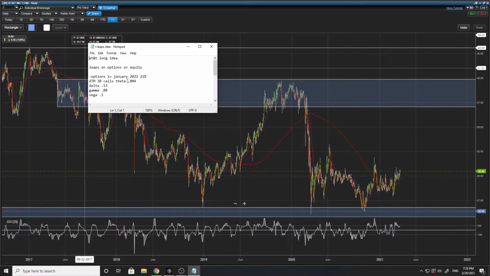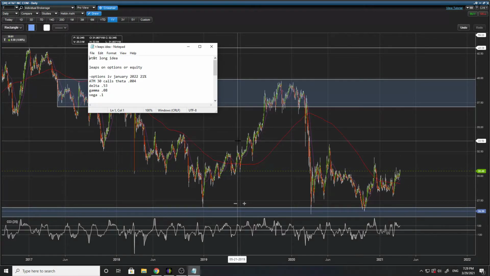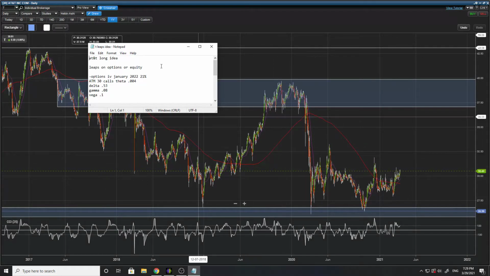What is the theta? Theta obviously is just the time decay. It's less than a penny, nothing that we really have to worry about right now. Delta is 53 cents, so for every dollar that the stock moves here on AT&T, the option will either gain or lose about 53 cents, being about 35% of the overall price for the option right now.